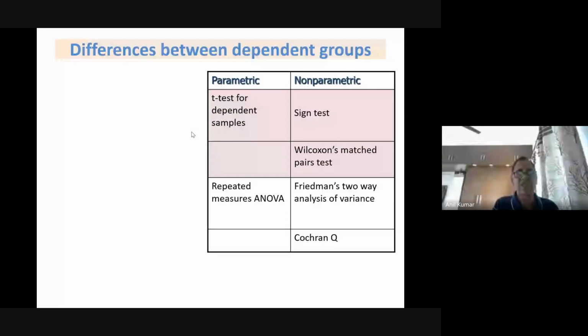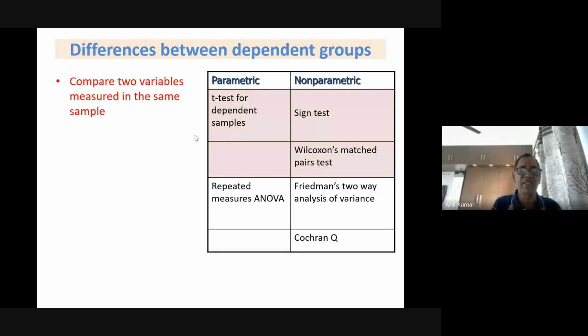Instead of the t-test for dependent samples, you can think of a non-parametric test such as the sign test. So what I mean to say is, for each parametric test you have a non-parametric test also. Apply that particular test in that situation if your data demands it.